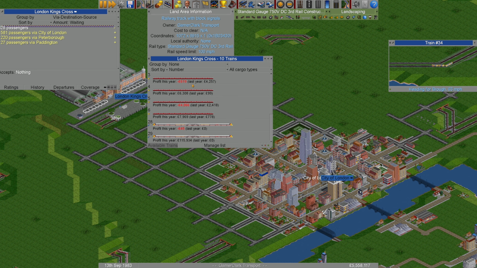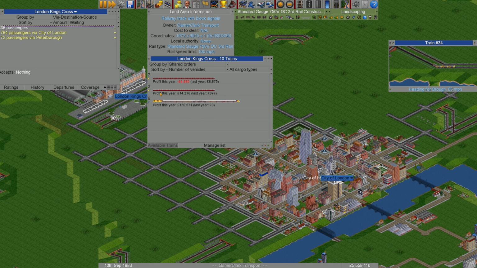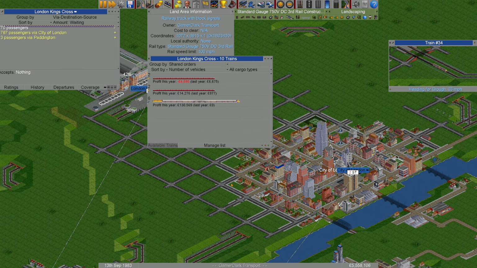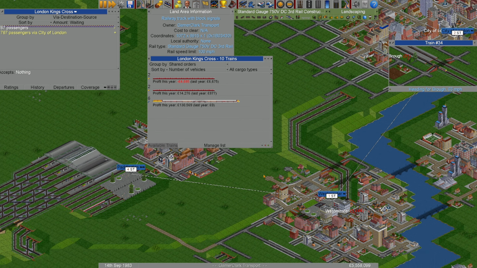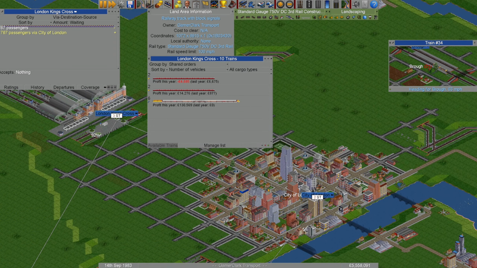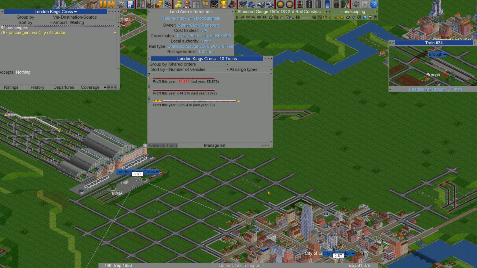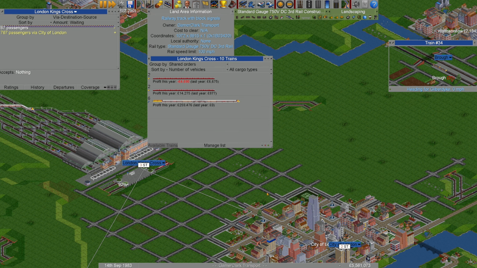I'm sure I had two lots of... One going clockwise, one going counterclockwise. But they're not... We're all going in the same direction.